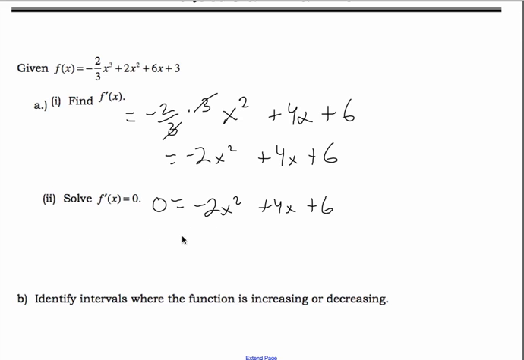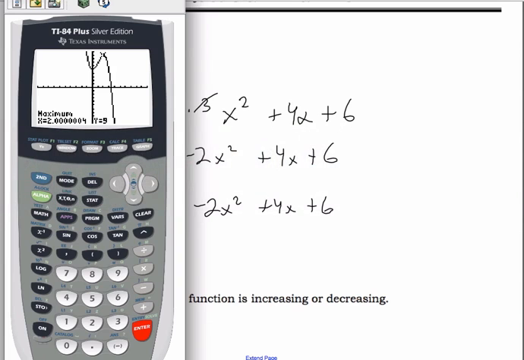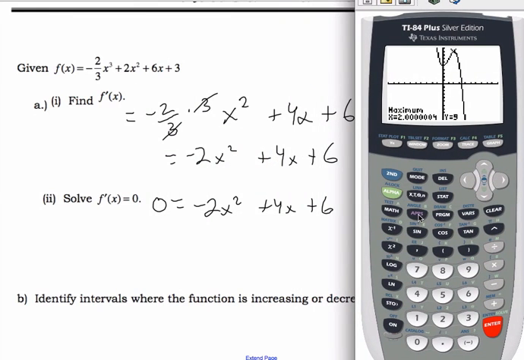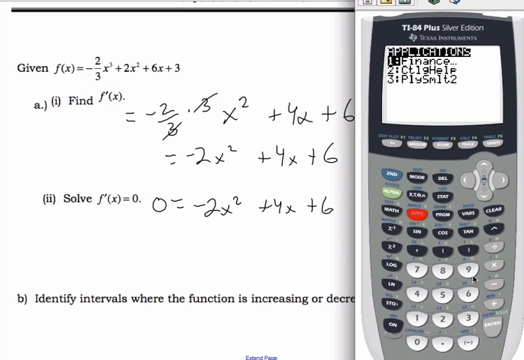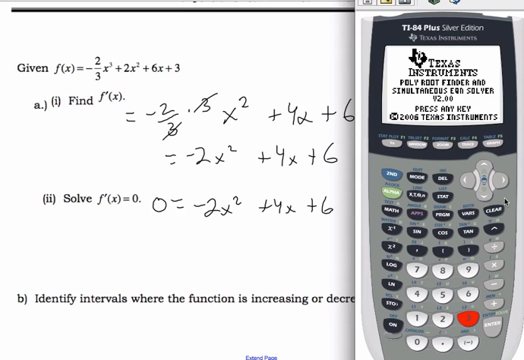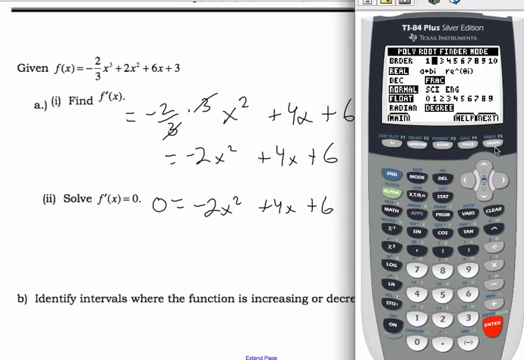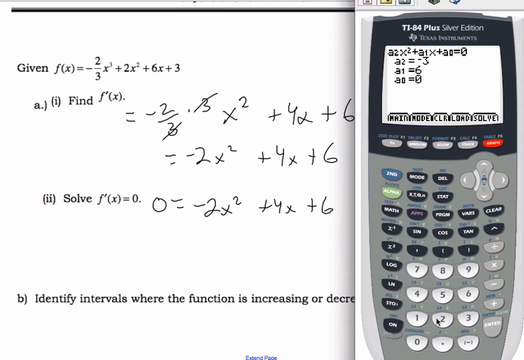So I guess we could solve that using PolySmlt. Let's do that. We could also use the graph. But if I do, okay, Apps 3, and go to the polynomial root finder, next. I'll just type in these coefficients: negative 2, 4, and 6.